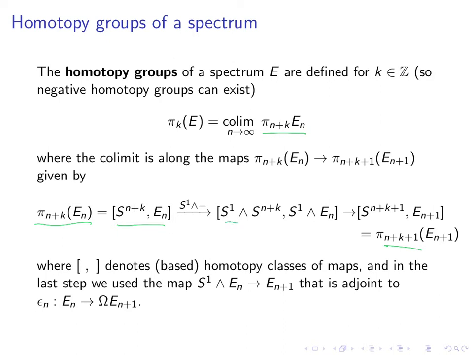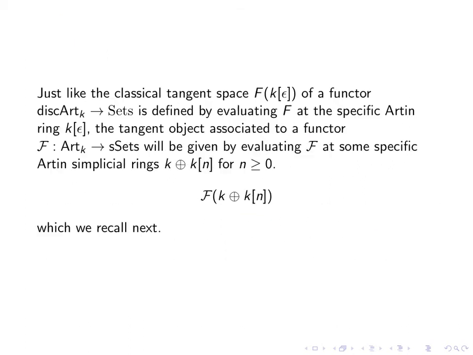The suspension of a sphere is a sphere one dimension higher, and then we get a map from the suspension of En to En plus 1 by taking the adjoint map to this map, epsilon n, that comes along as part of the data of a spectrum.